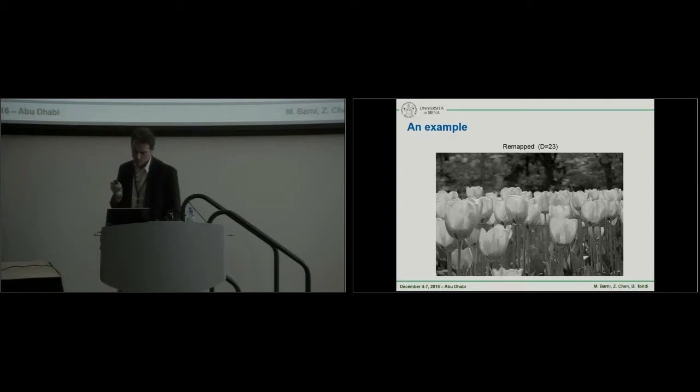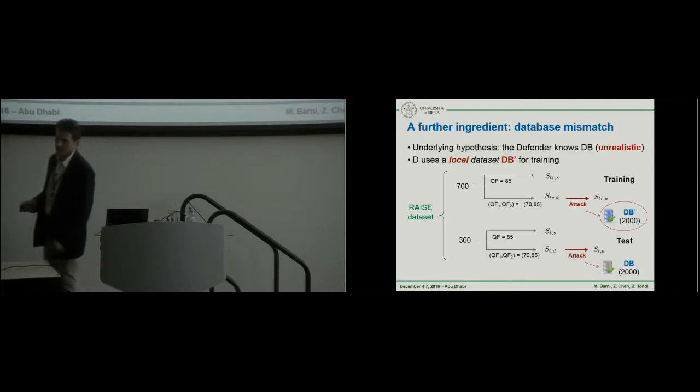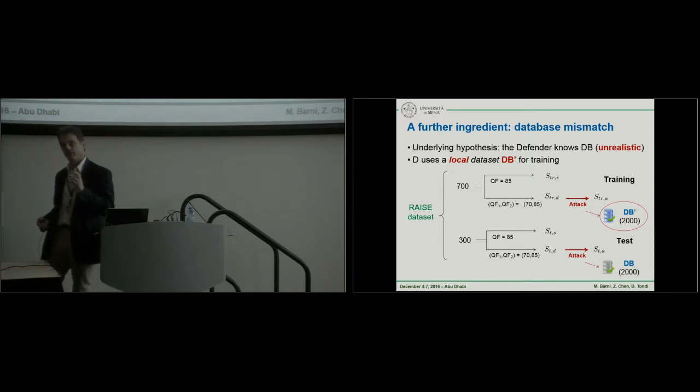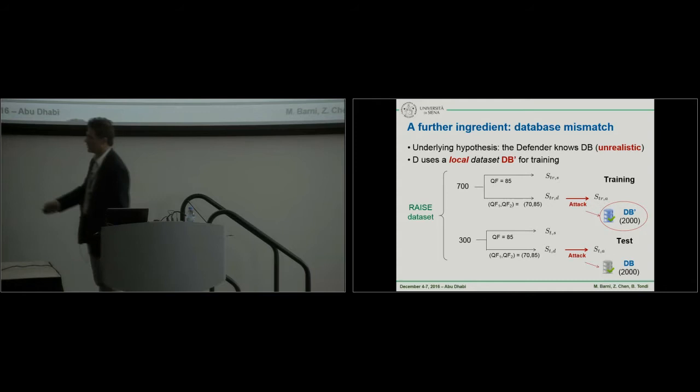Well, there is another small thing before concluding, which is that in the previous results, these two data sets were equal. So it was assuming that the defender can train by creating attacked images using the same reference database used by the attacker. Well, this is not reasonable, so we redid our experiments by using two different data sets here.